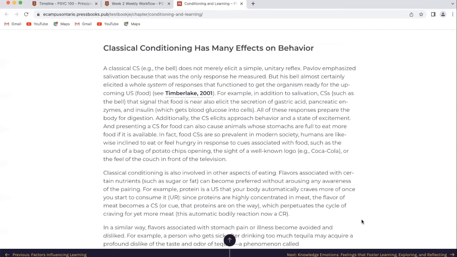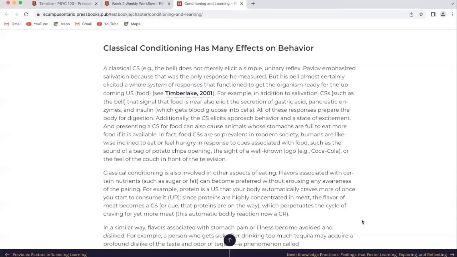For example, in addition to salivation, CSs, such as the bell, that signal that food is near, also elicit the secretion of gastric acid, pancreatic enzymes, and insulin, which gets blood glucose into cells. All of these responses prepare the body for digestion.